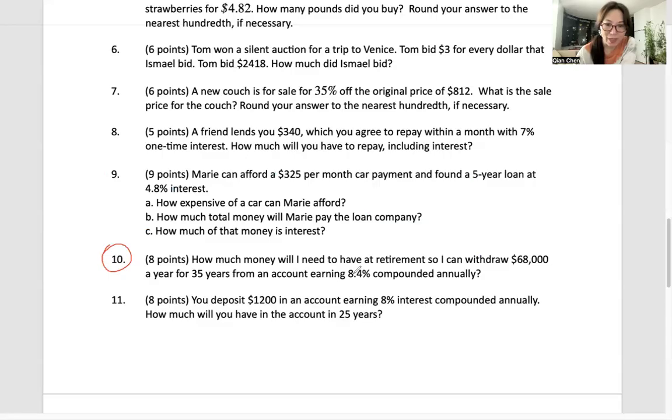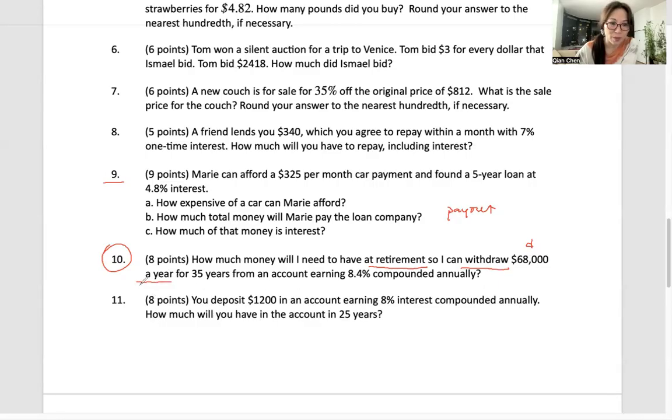How much money will I need to have at retirement? At retirement is the keyword, so I can withdraw, keyword. So payout annuity, the last formula, right? Formula 5 to use. Again, same formula as 9. Same formula, payout annuity. So withdraw this much per year.